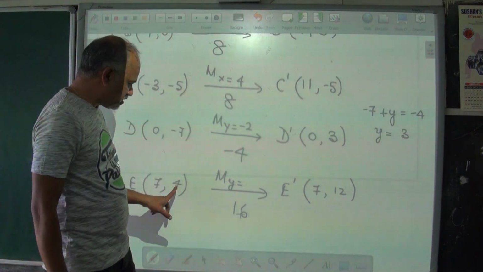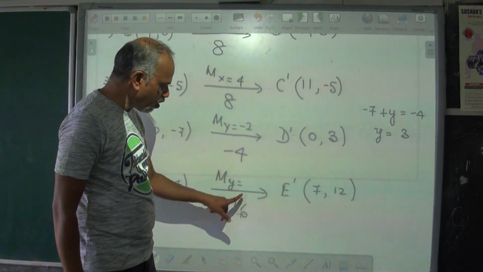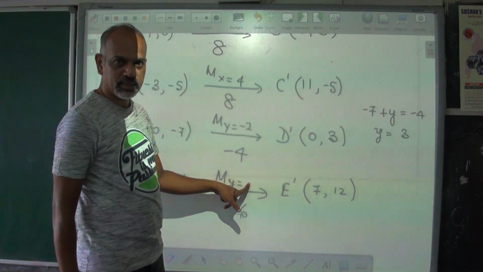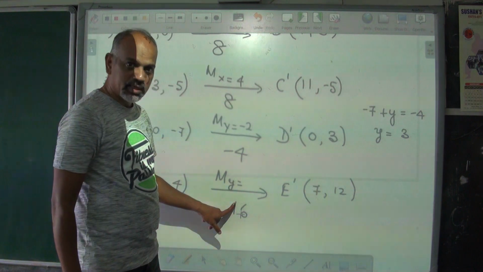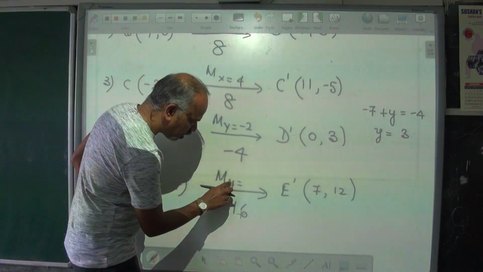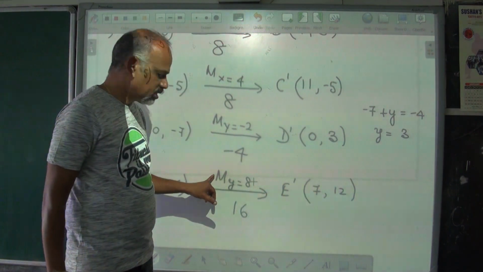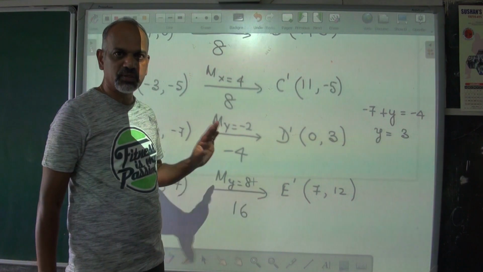So 16 is the sum of both these, and the 16 is also the double value of what number should have been here. So 16 is the double of 8, which means the line on which it is reflected is y is equal to 8. So that's the mirror. The mirror is y is equal to 8.